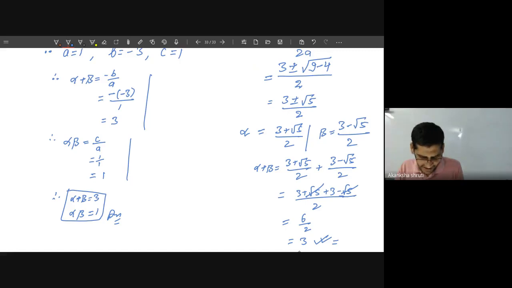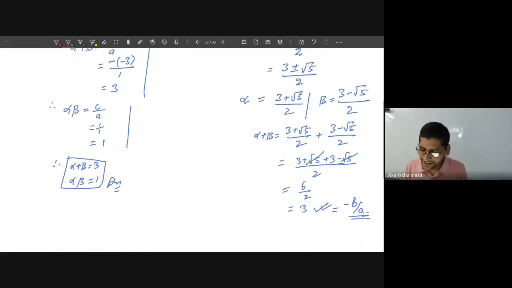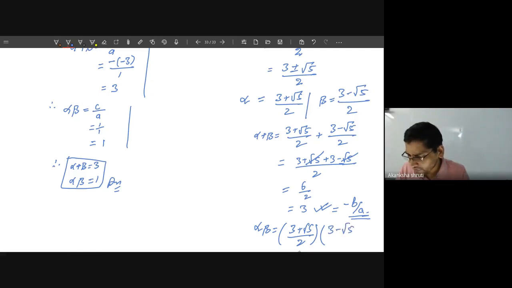This is the same as what? Minus b by a that we have calculated. So this way we can verify here also. A question may be framed for verifying it also. So how is alpha into beta? Take the product of the two: 3 plus root 5 by 2, then 3 minus root of 5 by 2.